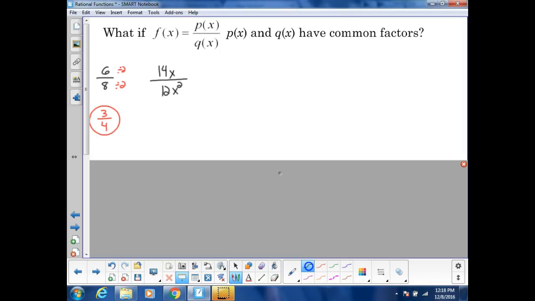I can divide both top and bottom by 2x, right? I could factor out a 2x, if you will. And then that would leave me with 7 on top and 6x on the bottom. Yeah, buddy. Yes. Okay.